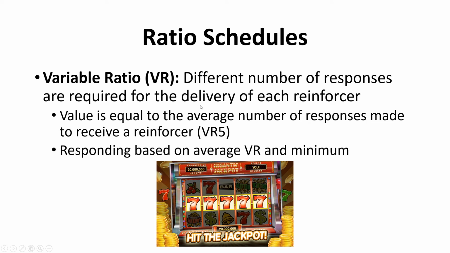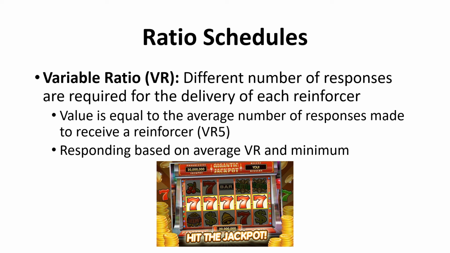All right, our next type of ratio schedule is a variable ratio schedule, or VR schedule. And this is where a different number of responses are required for the delivery of each reinforcer. So instead of our fixed ratio, the previous one, where there's a set number of responses that need to be made in order to get reinforcement, with a variable ratio, the number of responses that need to be made is variable.